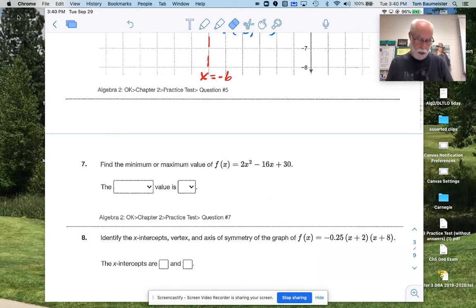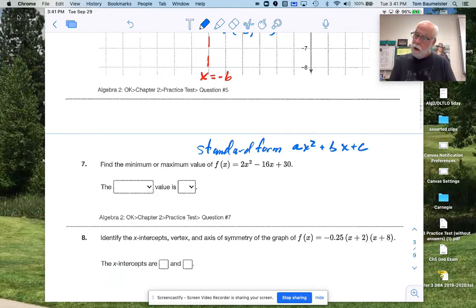So remember, this one here is in standard form, ax squared plus bx plus c. Our axis of symmetry, or the x-coordinate of our vertex, which would be our h, is x is equal to -b over 2a.